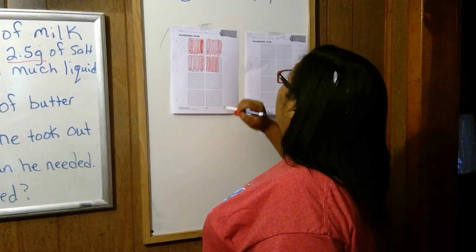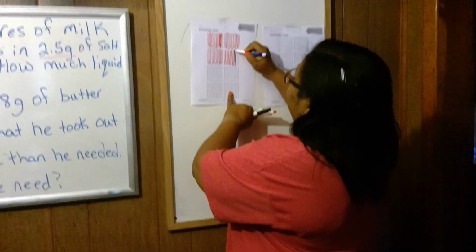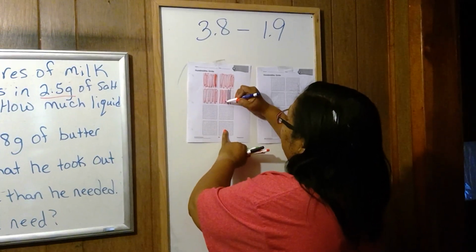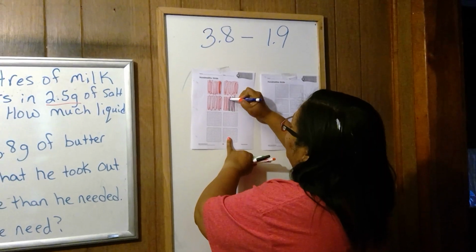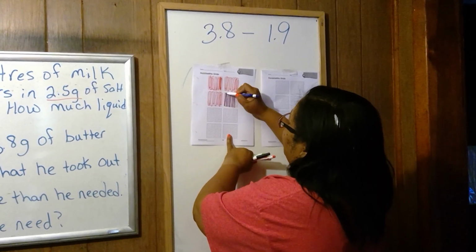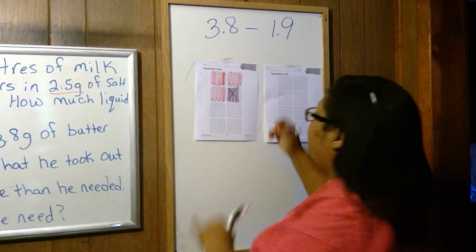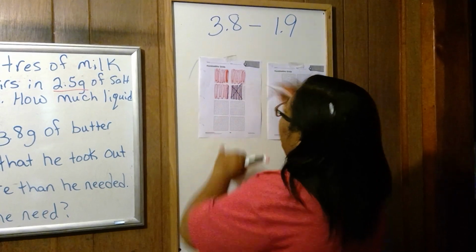So let's take away 9/10. That's 1, 2, 3, 4, 5, 6, 7, 8. They're gone. But I need to take away 1 more. It says 9/10. So 9.